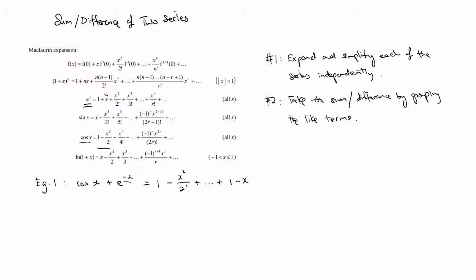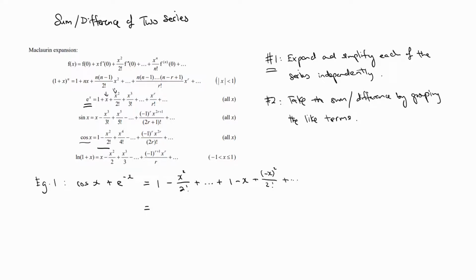Remember, we're replacing x with minus x. Now, after that, we need the x squared term, so we'll have plus minus x whole squared over 2 factorial. Again, since it's up to and including the term x squared, we don't need the rest of the terms, so we put plus dot dot dot over here.